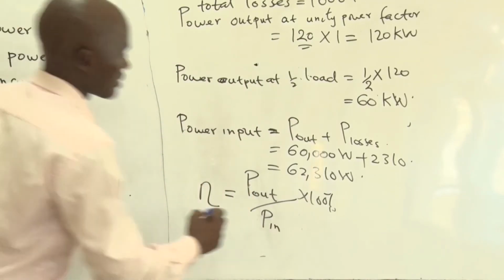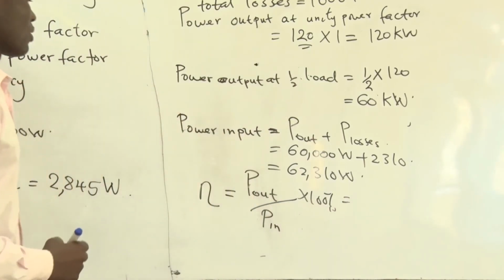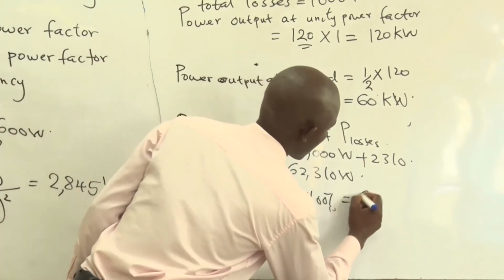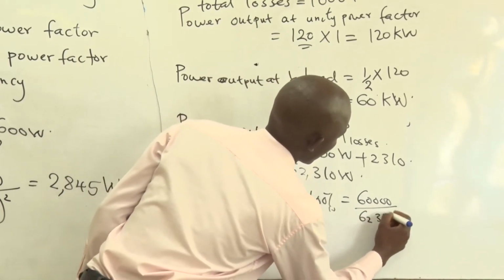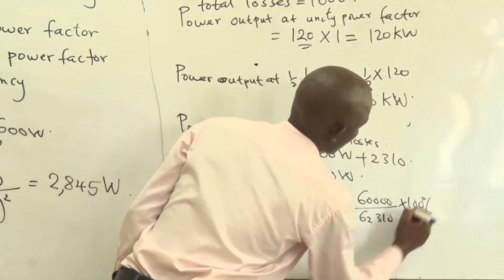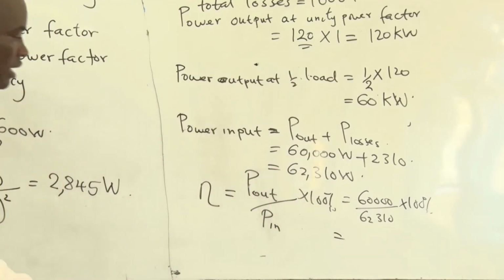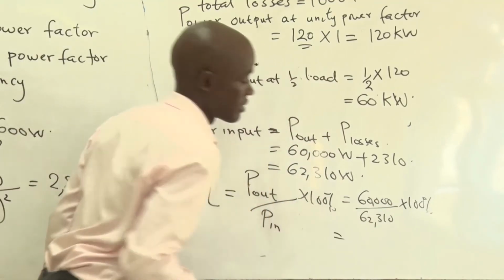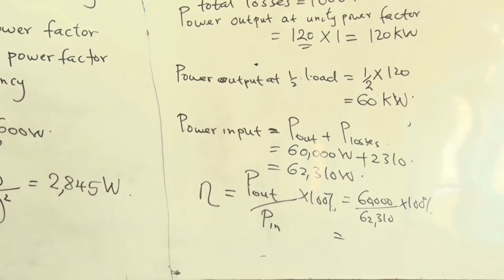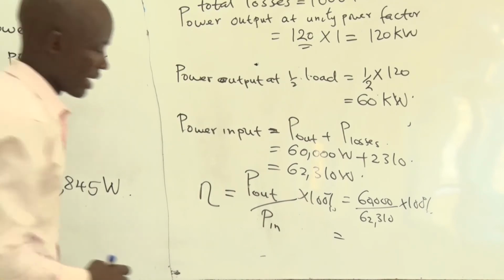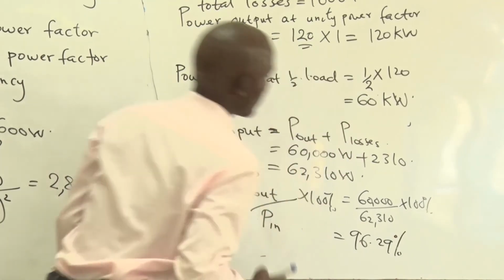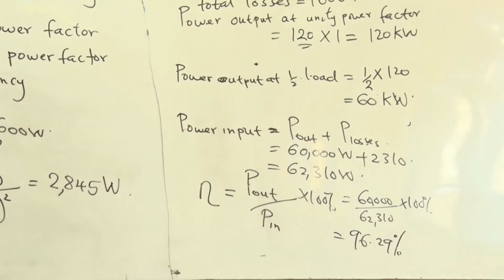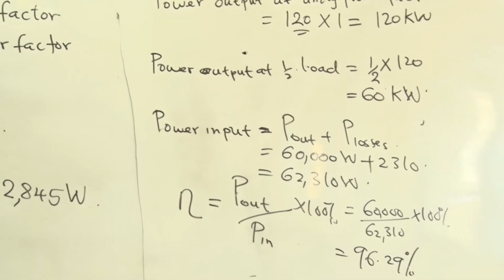Our power output is 60,000 divided by 62,310 multiplied by 100. If you do that calculation, it should give you 96.29% as the value that you'll get for that particular question.